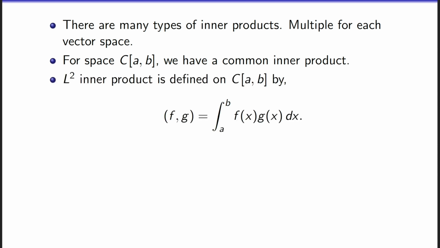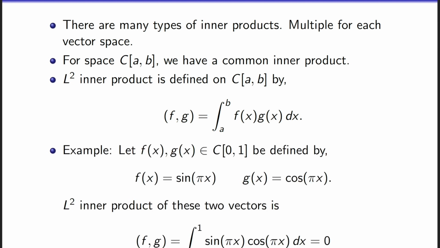The L2 inner product is the common one to use for function spaces. It is defined by multiplying two functions f and g together and then integrating across the domain, [a, b]. So we see again that the inner product takes two vectors, or functions in this case, and outputs a scalar. In this case, we use integration to turn those two functions into a scalar.